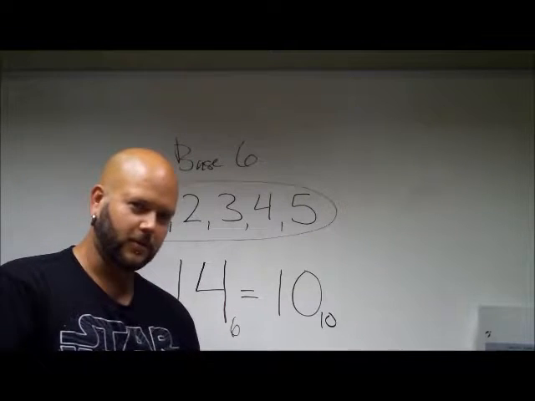Now it seems a little confusing. We're going to get a little more weird in just a second. So what we're going to do now is take a number in base 10 and convert it to something in base 6. So I'm going to write out all of the digits that we can use in base 10 and all of the digits we can use in base 6.